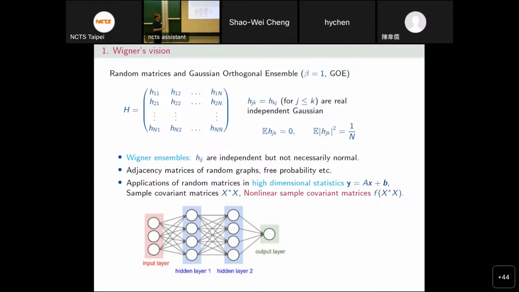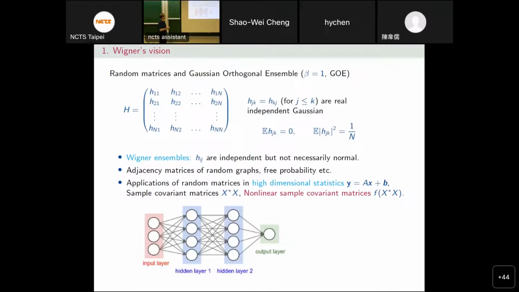The variance 1 over n is the normalization. This is one of the simplest examples of a random matrix: everything is Gaussian, symmetric, and normalized. And then there is something called the Wigner ensemble.